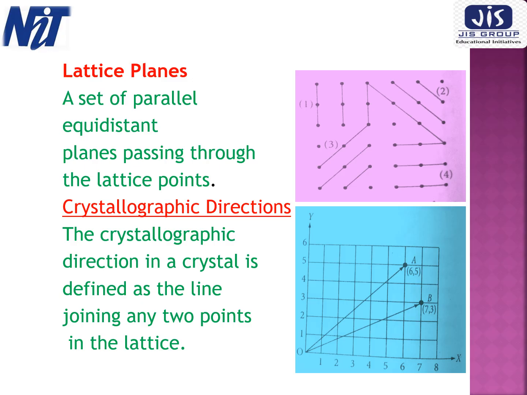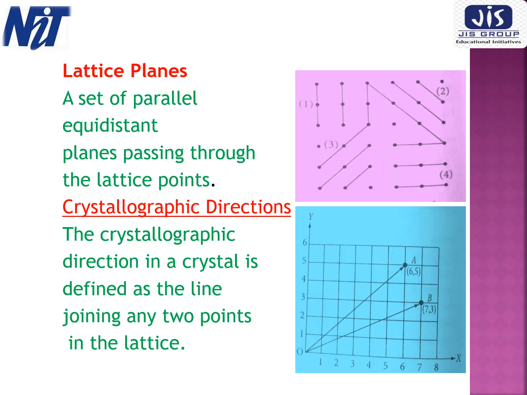In 3 dimensions, the crystallographic direction of any point A having coordinates x, y, z, where x, y, z are whole numbers, is conventionally denoted by putting x, y, z in brackets.